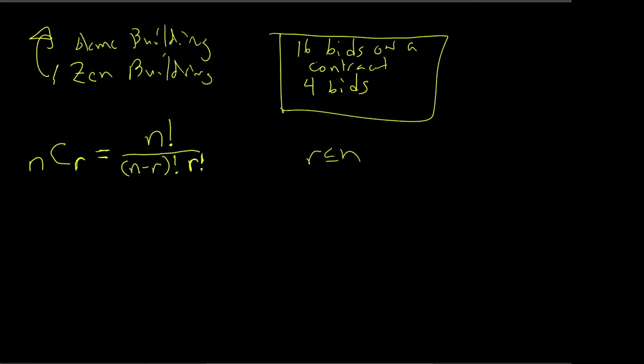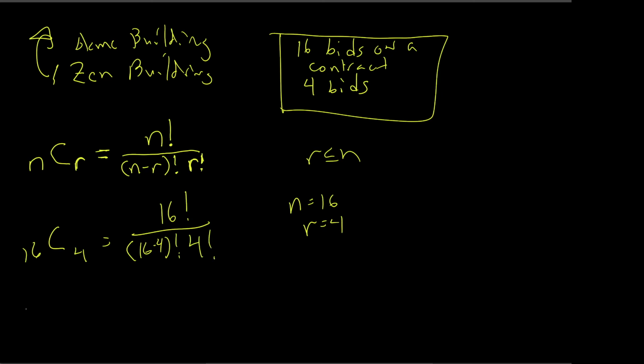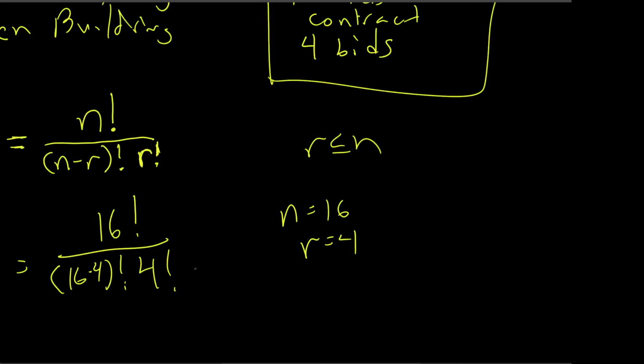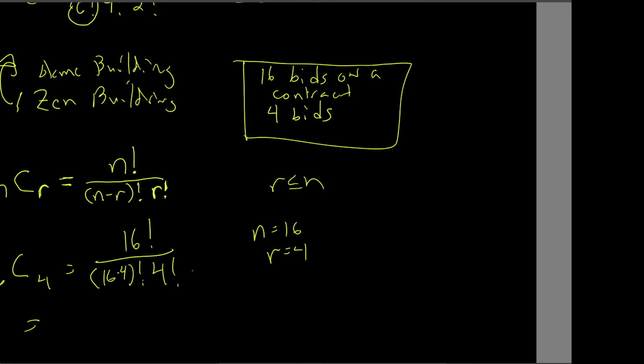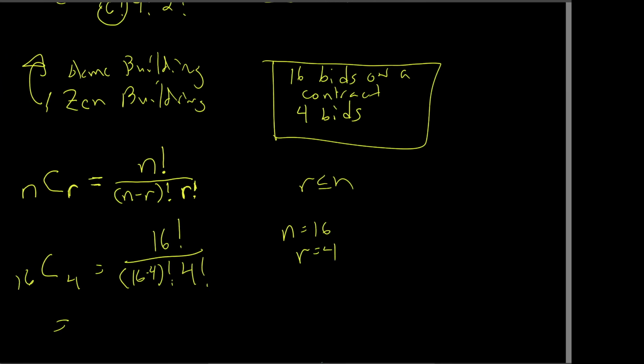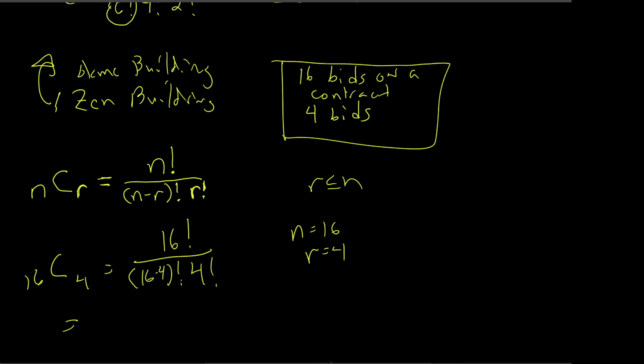So let's look at this. I have 16 bids and I'm only choosing 4 of them. So 16 choose 4 equals 16 factorial over 16 minus 4 factorial times 4 factorial. 16 minus 4 is 12, so that gives me upstairs 16 times 15 times 14 times 13, because the 12 and everything else cancels.